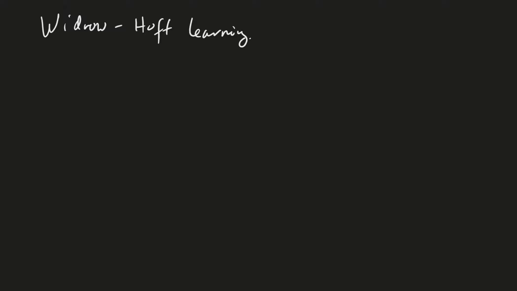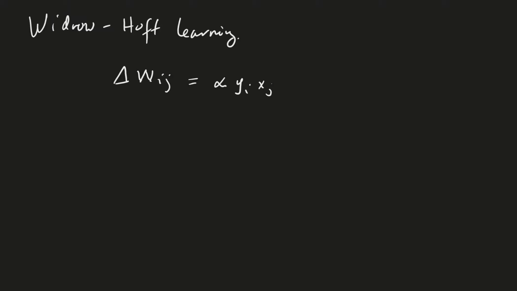And so in that case, I would take the change to wij to be some learning rate times my output on cell i times my input on cell j. So this is the edge connecting i and j. And if these are firing together, then my weight is going to be increased. Okay.